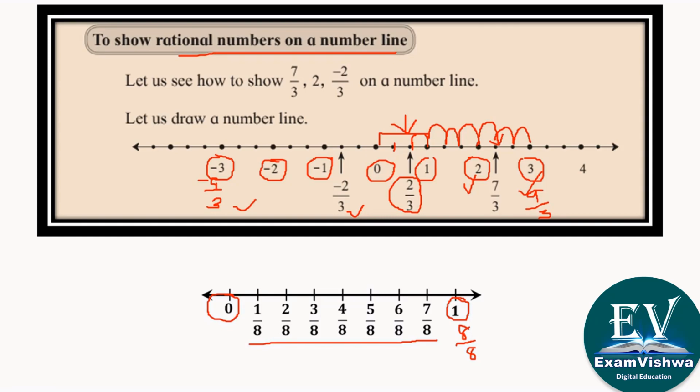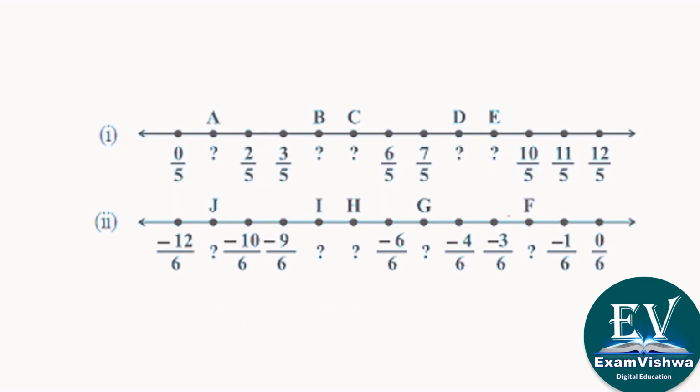The most important thing I want to tell you is that the denominator is important here. The denominator tells us the number of divisions between consecutive units. Here there are two number lines shown, one up and one down. These two are different. 0 upon 5. Here it will be 1 upon 5. Correct?